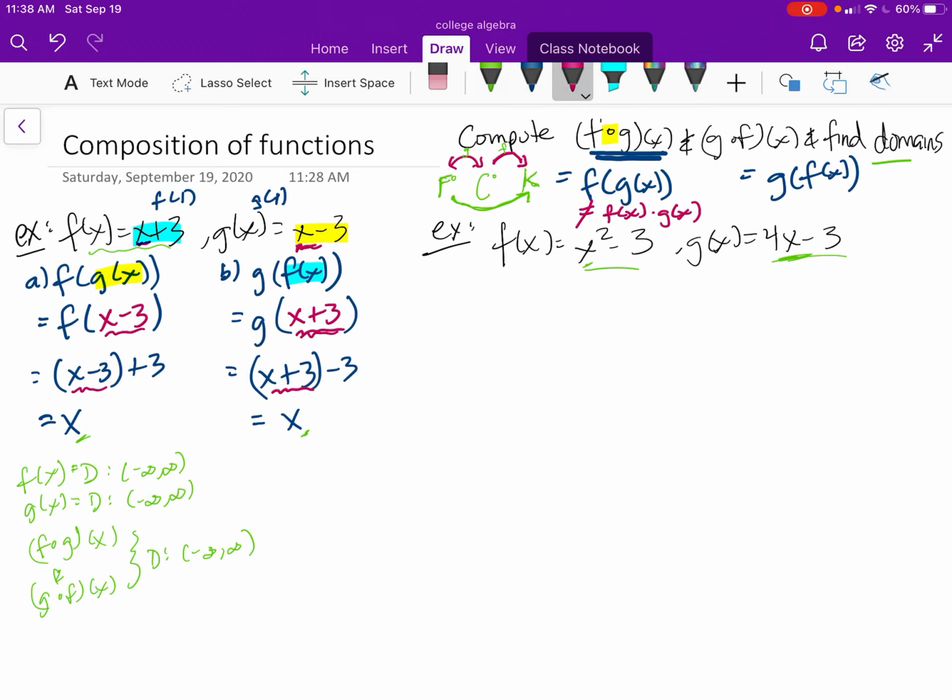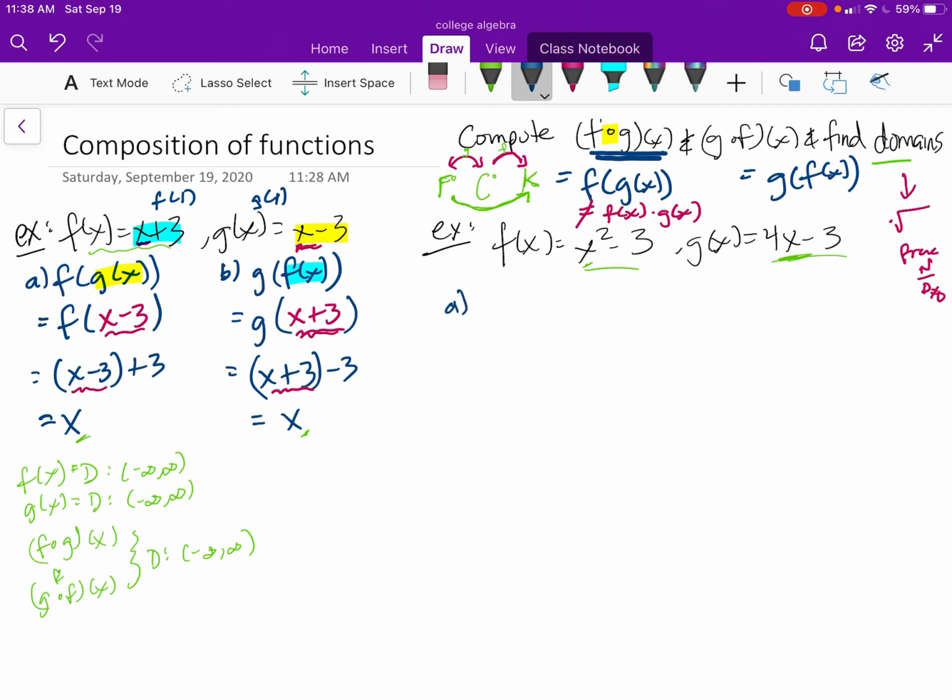Anytime you're checking domains, two key things to look for: square roots, or any even power roots, I should say, and then fractions. Numerator and denominator, you got to check the denominator can't be 0. All right, so let's do this second example.